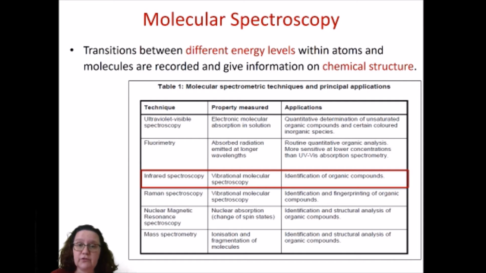In the case of infrared spectroscopy, what we are looking at is vibrational molecular spectroscopy. We are identifying compounds on the basis of how the atoms vibrate, and that will translate into an infrared signature that we are able to detect.